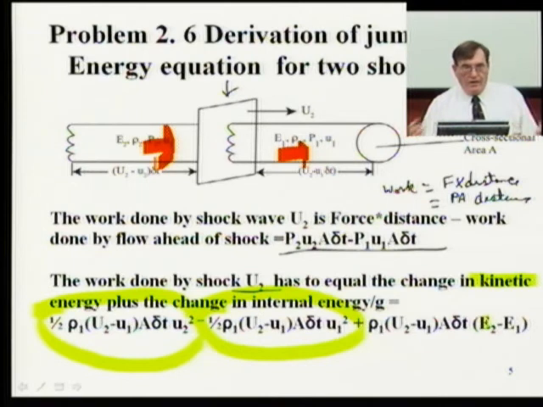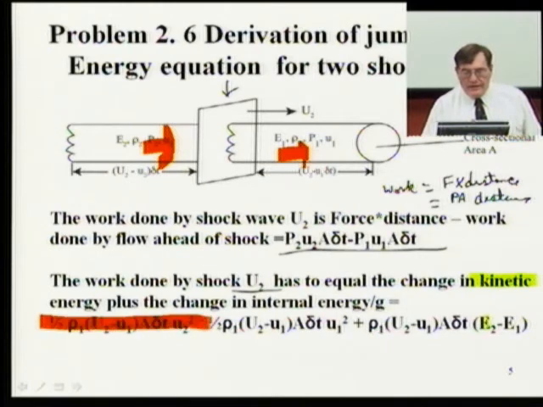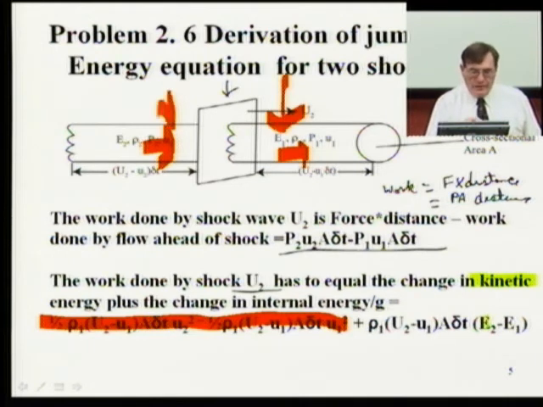Energy, like I said before, is not destroyed or created. It has to equal the energy that's in the system. So here's the kinetic energy difference between ahead of the front and crossing the shock.